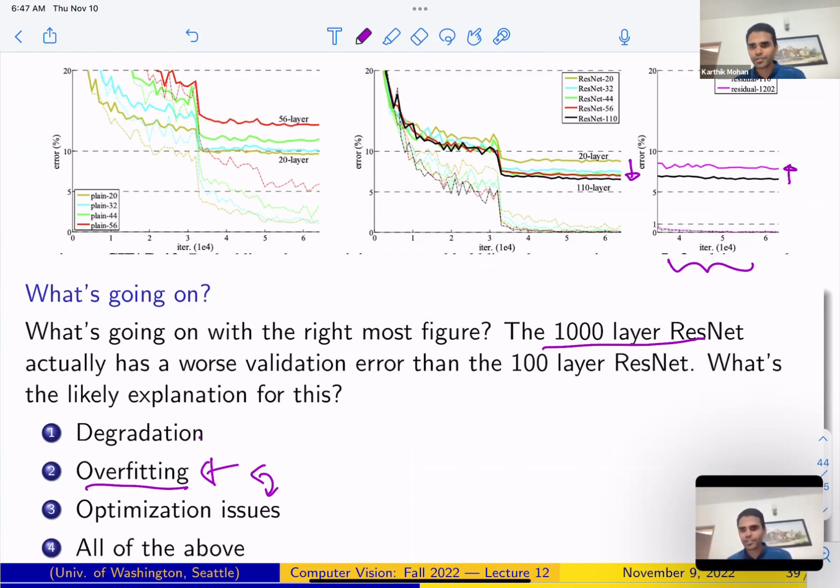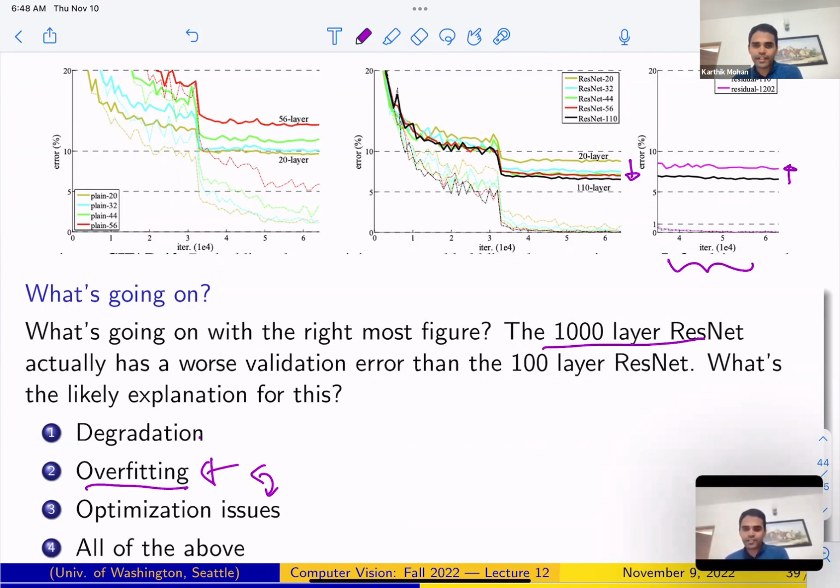And third is optimization issues. So you would say there is degradation because the error has gone up, but that is connected to overfitting. It's not connected to an optimization issue. And we see that because as the train error goes down, the validation error is actually going up. So that explains there is overfitting happening.